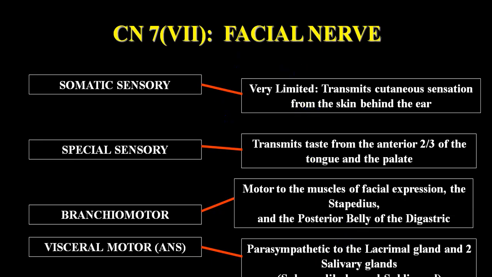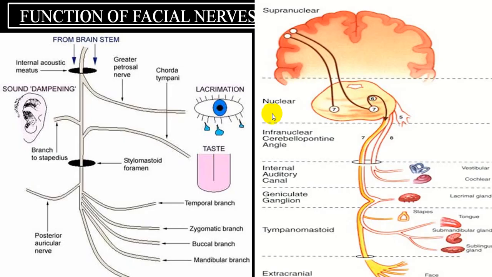Same thing is mentioned here, so I'm skipping this particular slide. So this is from the brainstem, enters the internal acoustic meatus, greater petrosal nerve supplying lacrimal gland. Then you have the branch to stapedius muscle concerned with acuity of hearing.